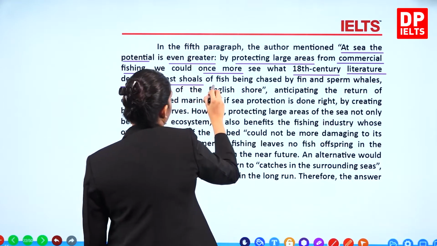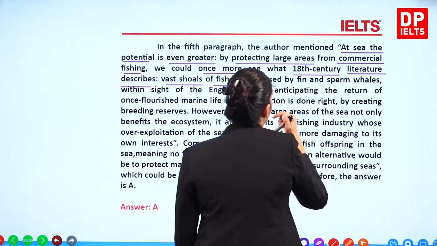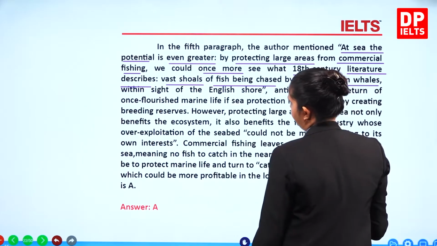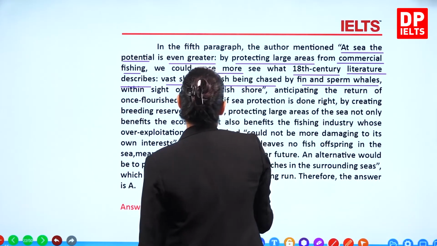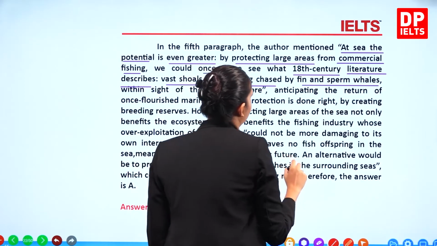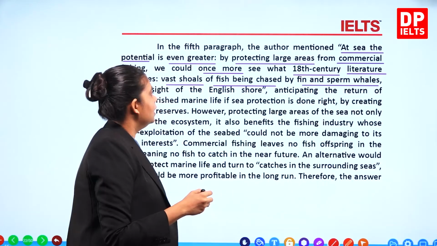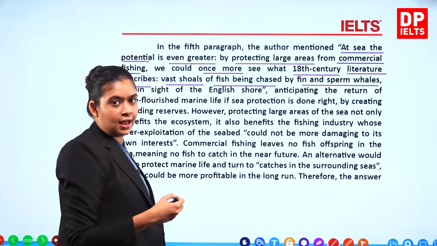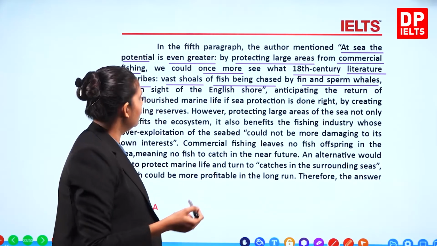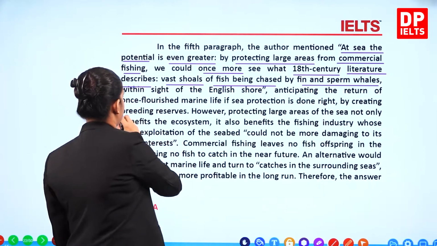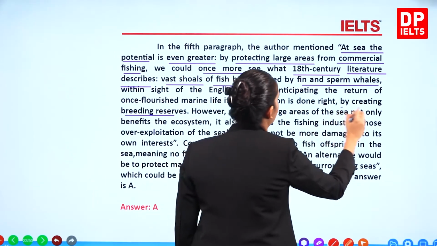Vast shoals of fish being chased by fin and sperm whales within sight of the English shore, anticipating the return of once flourished marine life if sea protection is done right, by creating breeding reserves, right?